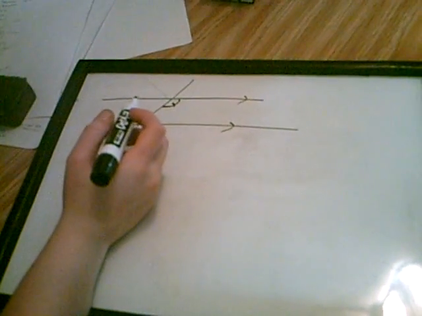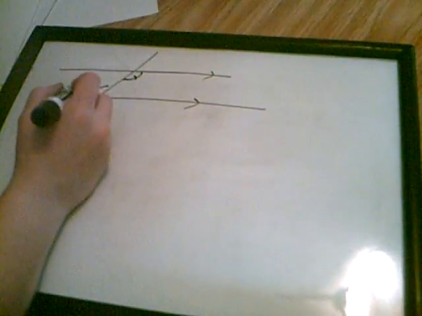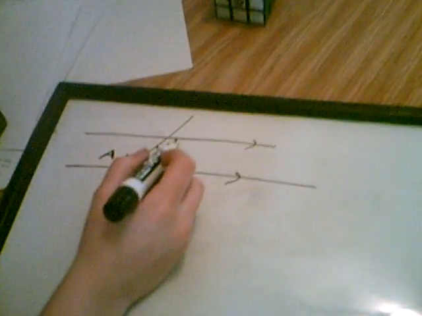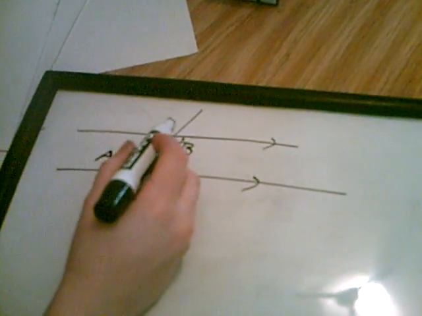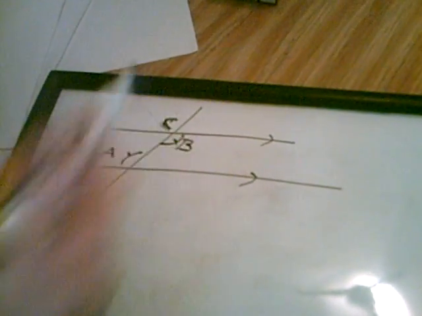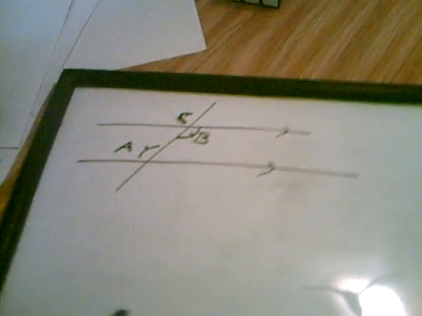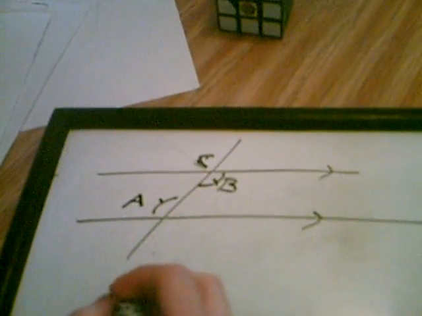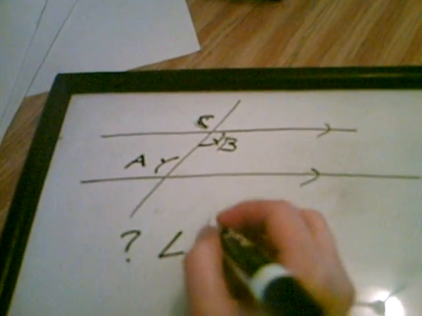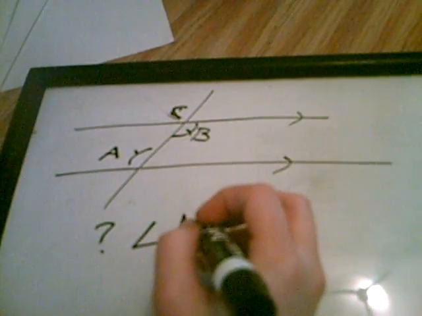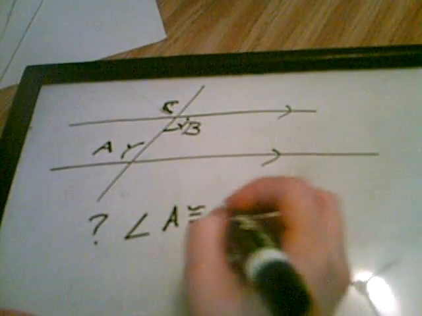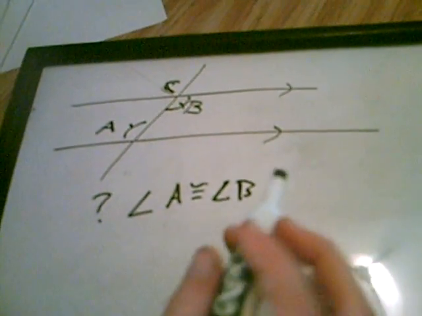For the sake of this proof, I'm going to label this angle A, angle B, and angle C. Okay? So what I want is angle A to be congruent to angle B, because that'll prove that the alternate interior angles are congruent.